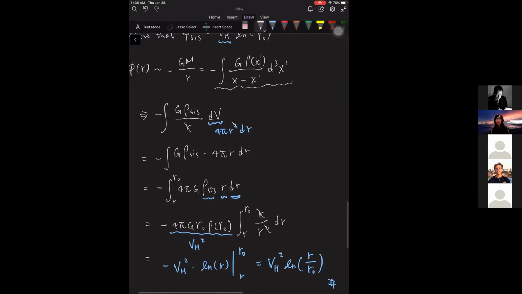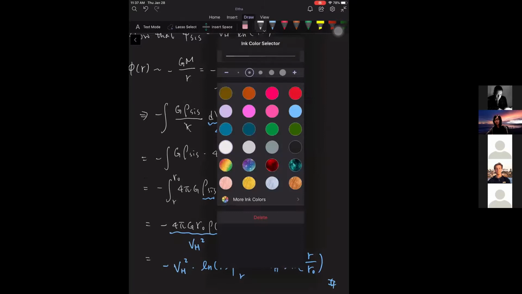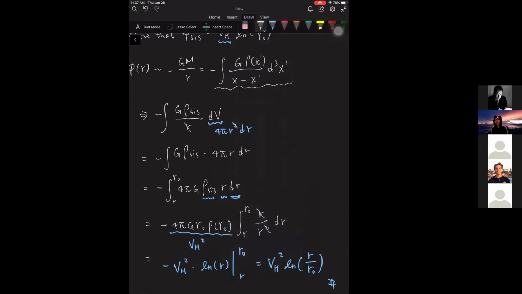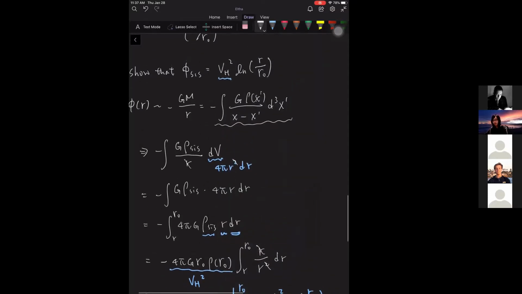For the second to last line, could you go over again how you pulled that all out of the integral? I get substituting into VH squared on the last step, but I'm trying to figure out how you pulled the rho of r naught out of the integral. Okay, so rho of r naught is a constant, so that's why we can pull it out.